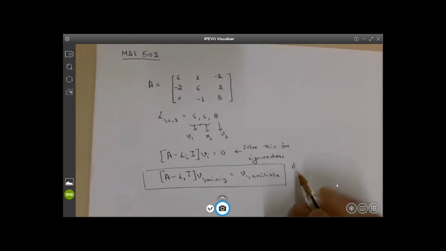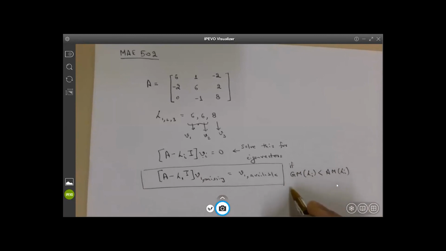There is a technical term for this. We call them geometric multiplicity and algebraic multiplicity.